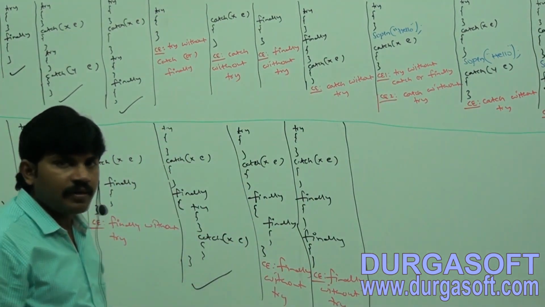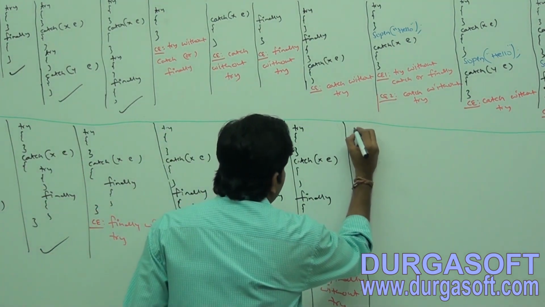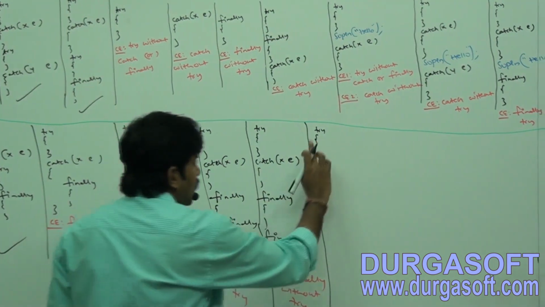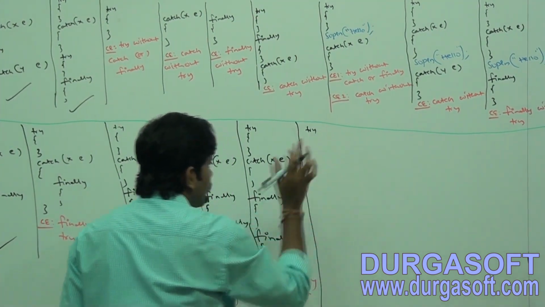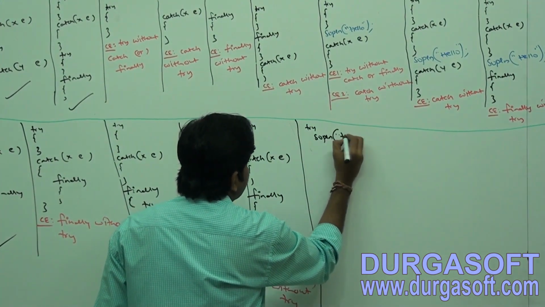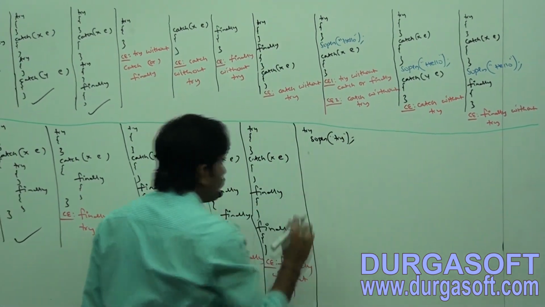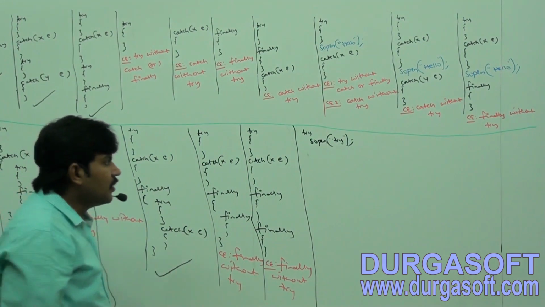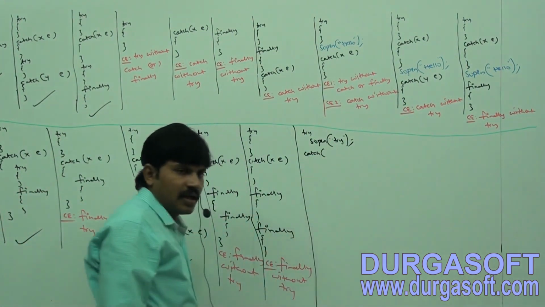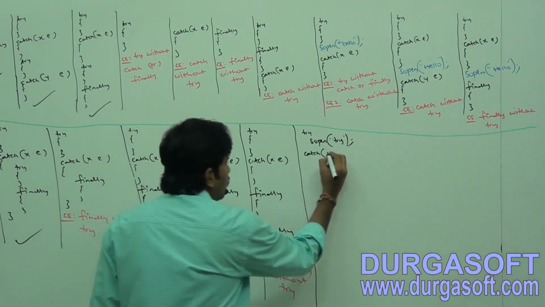Okay, next one, observe. I am taking try. Listen a bit carefully. System.out.println, try SOP of try. Next, catch block, exception E, SOP of catch block.